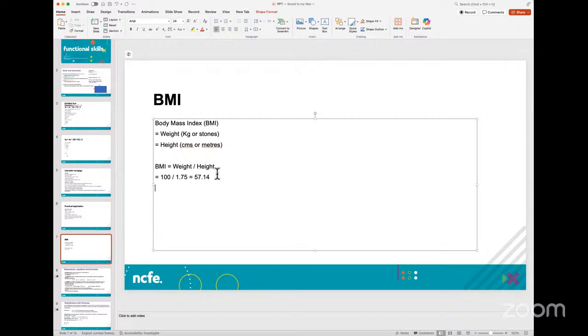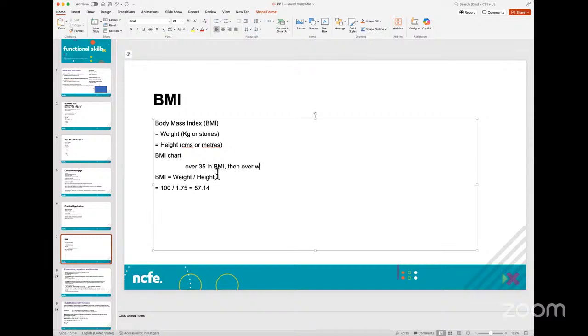How do you know you are going to be obese? The BMI basically has an indicator or a chart, the BMI chart. And the BMI chart says if you are over 35 in BMI, then you are overweight.